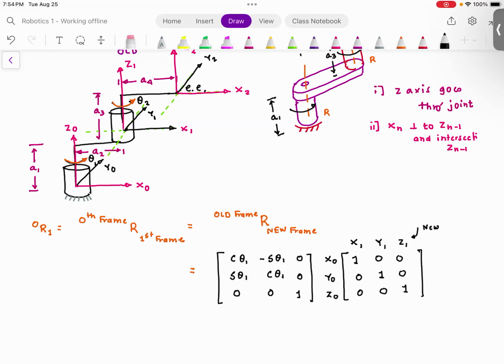If we would have assumed x1 going towards left, do you agree with me that x1 would be in opposite direction of x0, and then there would be a minus sign here. But since what we did is we drew the coordinate system x1, y1, z1, which is perfectly aligned with x0, y0, z0, we solved ourselves a little bit of trouble of changing the sign.